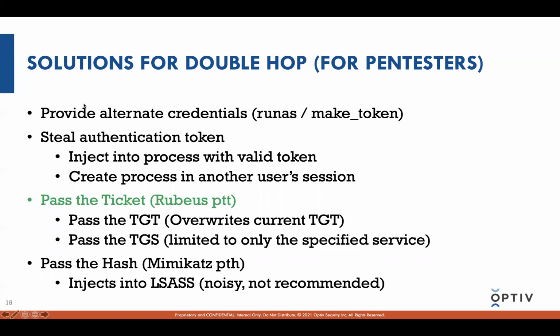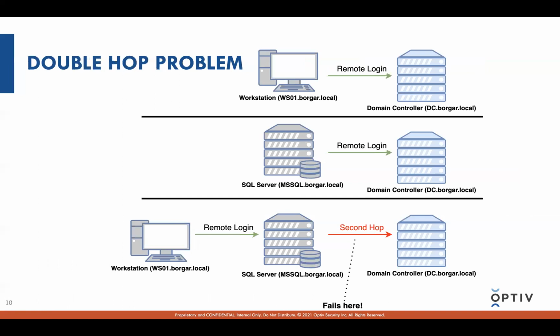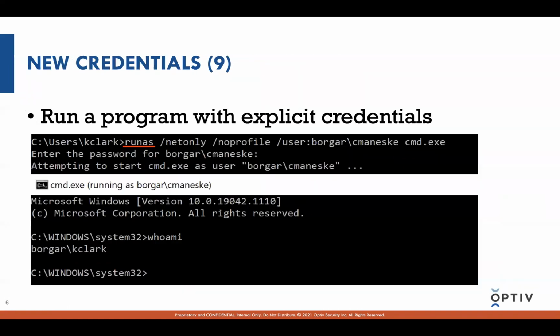So here are some solutions I have. A couple of things: you can provide alternative credentials. That's the runas command in Windows or make_token in Beacon. This does logon type 9, which is the new credentials logon type.